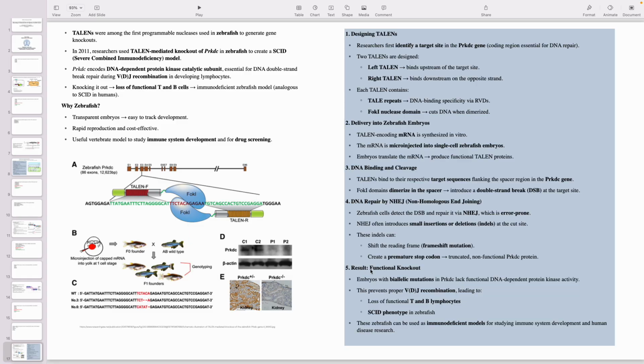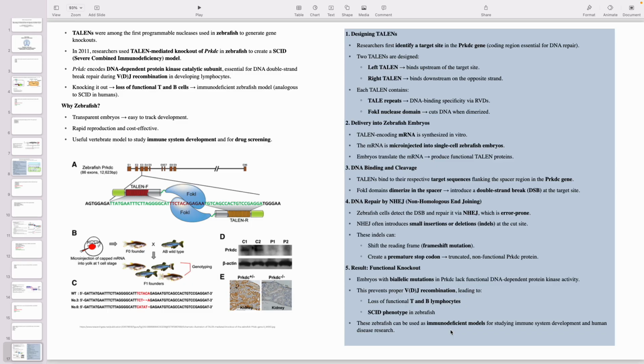So what are the results of this knockout? Embryos with biallelic mutation in PRKDC lack functional DNA-dependent protein kinase activity. This prevents proper VDJ recombination, leading to the loss of functional T and B lymphocytes. This gives the SCID phenotype, the severe combined immunodeficiency phenotype, in zebrafish, and these zebrafish can be used as an immunodeficient model for studying immune system development and human disease research.